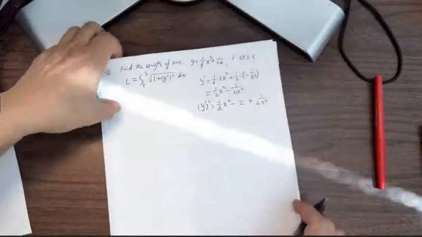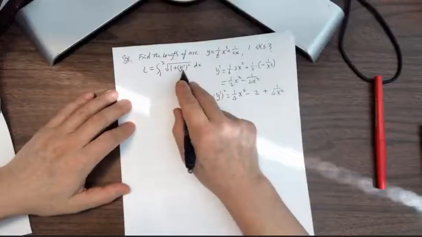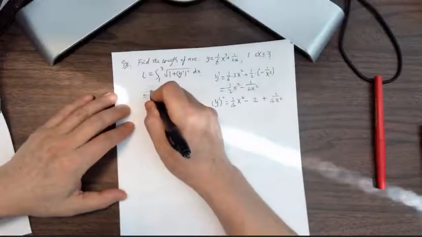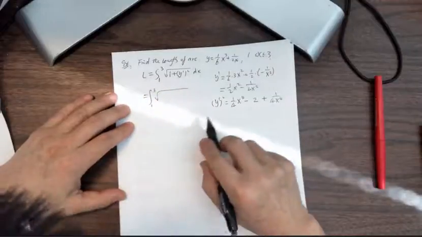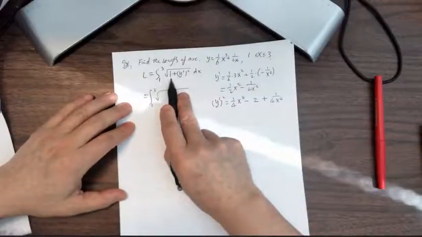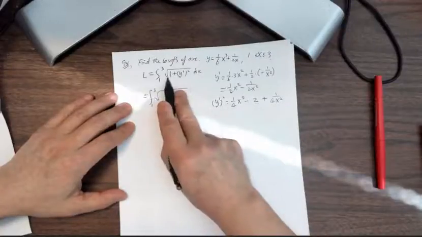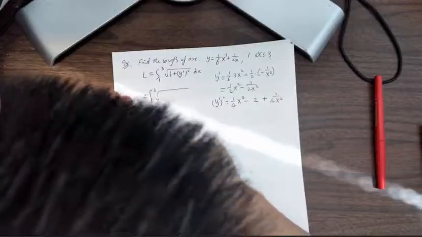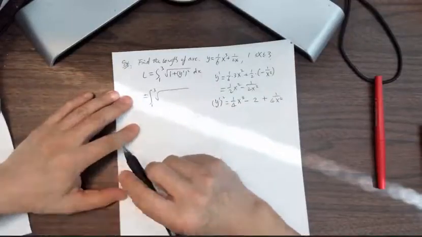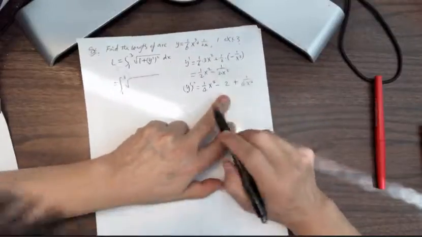Okay, now I'm ready to plug this in for y prime squared. Well, notice there's a 1 here, so if I plug this in, the negative 2 and the 1 combine. Oh wait, I think I made a mistake. It's not negative 2, I'm sorry.